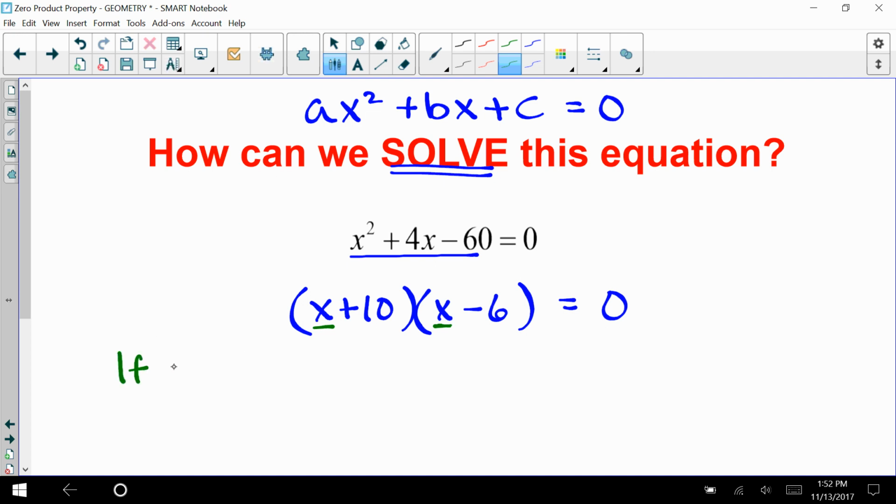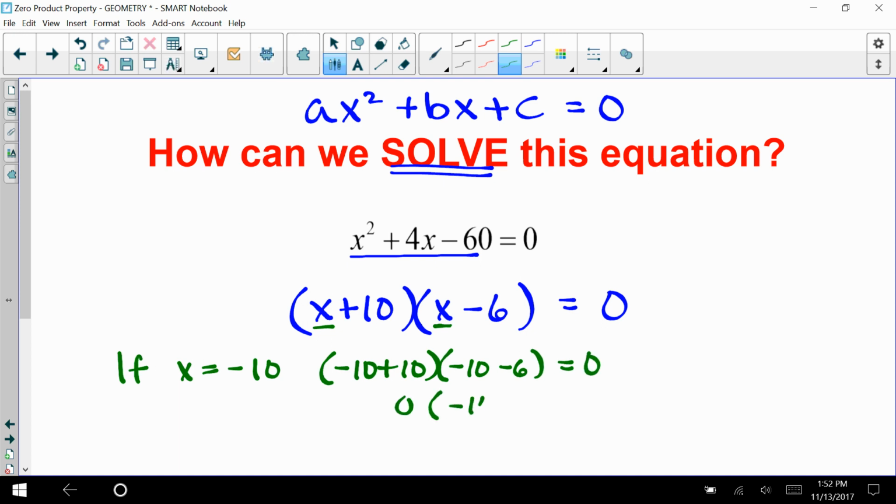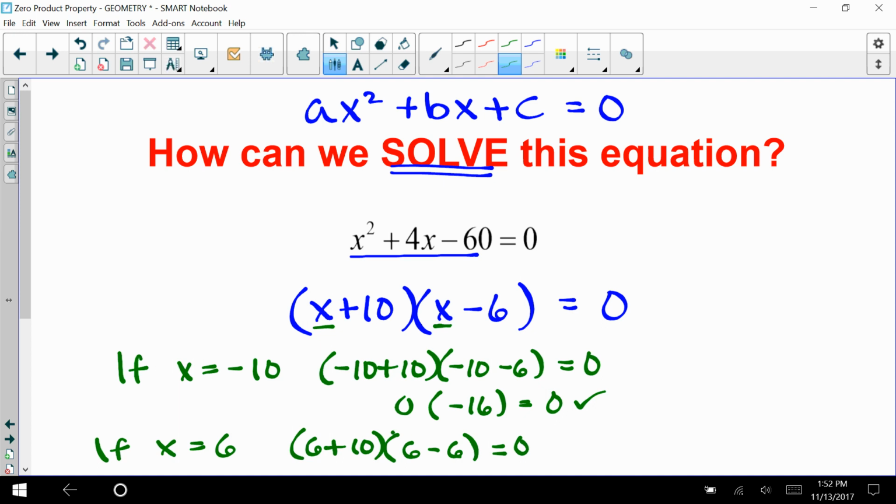So if x equals negative 10, then if you plug in negative 10 here, you get negative 10 plus 10, and then negative 10 minus 6 equals 0. But we know 0 times anything gives us 0. So that works. And then also, if x equals 6, we have 6 plus 10 in that first factor if we substitute, and then we have 6 minus 6. So this is 0, so anything times 0 is 0.